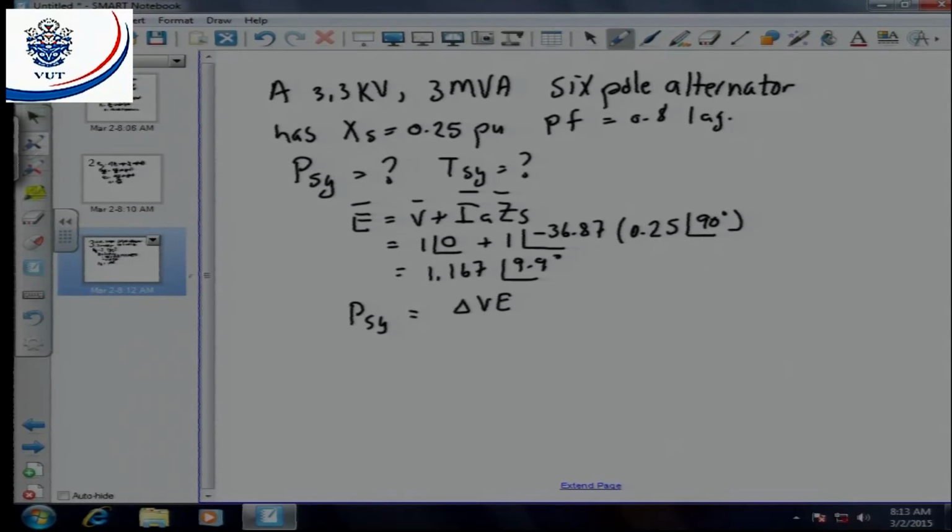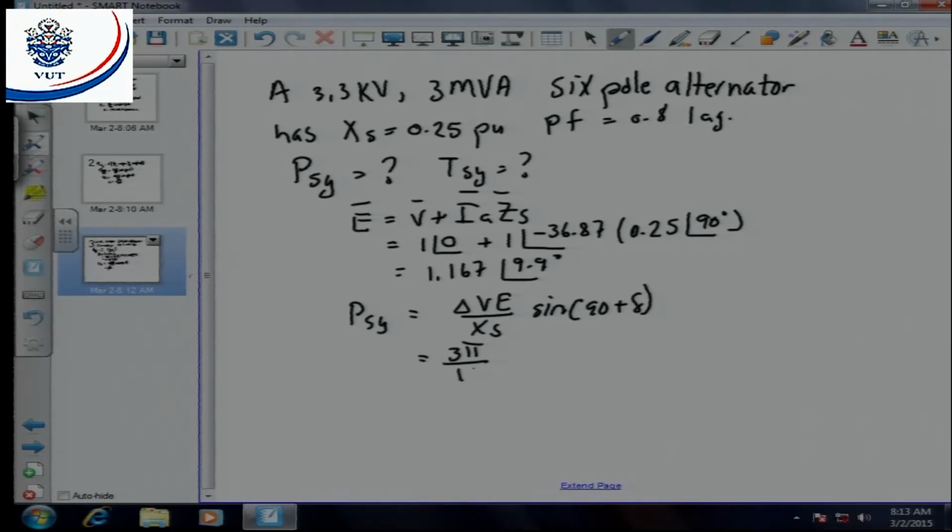The synchronizing torque will be the synchronizing power divided by omega, which is 0.241 divided by 2 pi and 16.667, which gives us 0.0023 per unit.